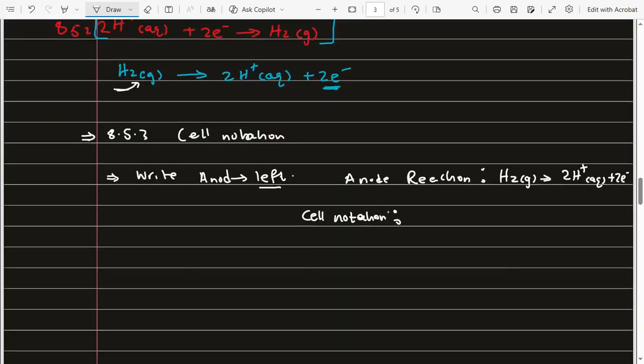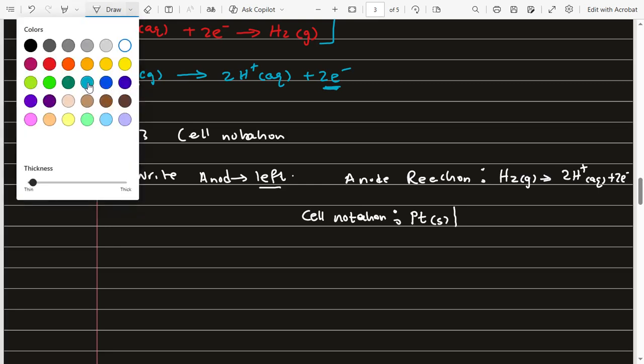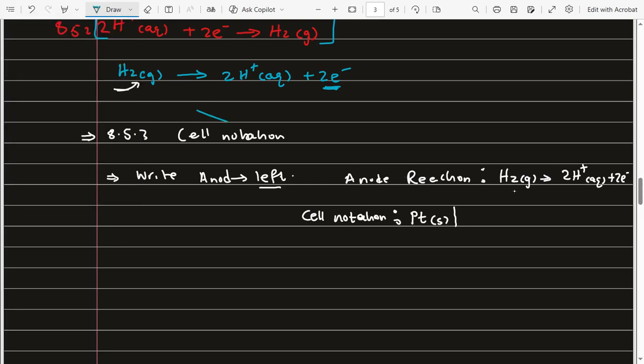So the cell notation will be Pt. Then you put a vertical line. Then you look at your anode reaction and write it the way it is. You write the H2 first, then the 2H plus after.